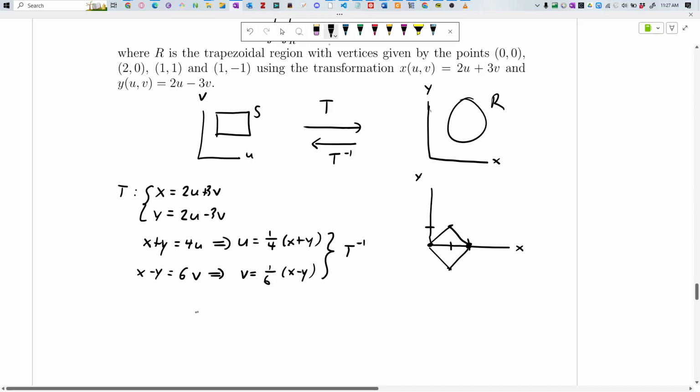Well, let's try plugging all of these points into T inverse to figure out the corresponding points in the UV plane. So 0, 0, I can see that that gets mapped to 0, 0.